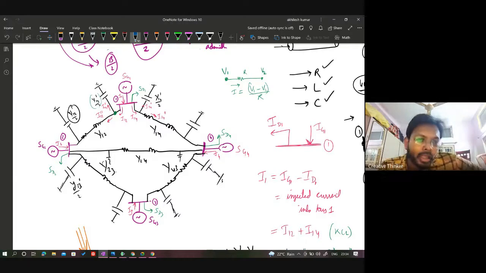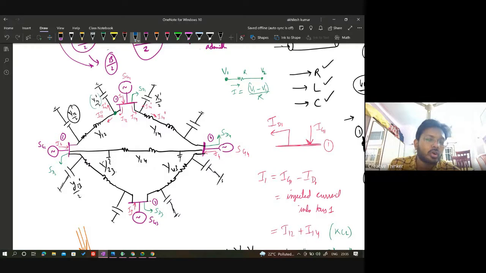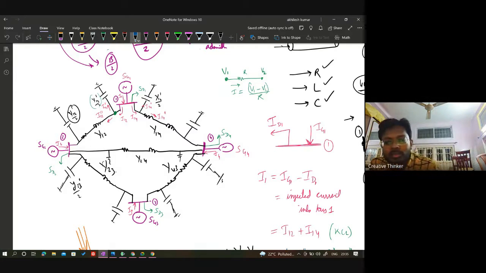So from load flow analysis, what we are finding is the voltage of each bus, because when we know the voltage of each bus, we can find the power flowing through that bus. So this is the only requirement. Through the load flow analysis we are finding the voltage of each bus accurately.